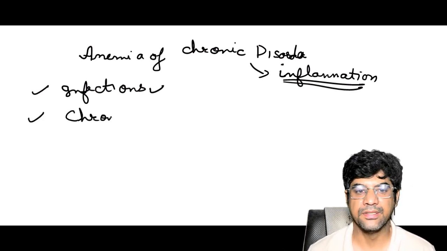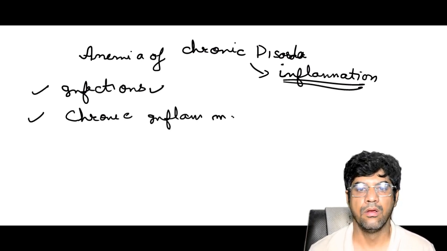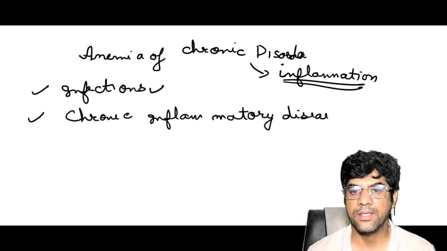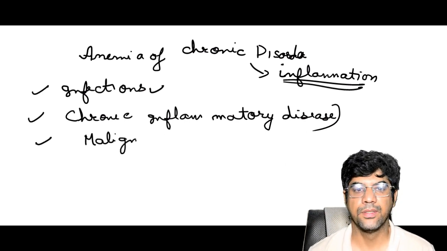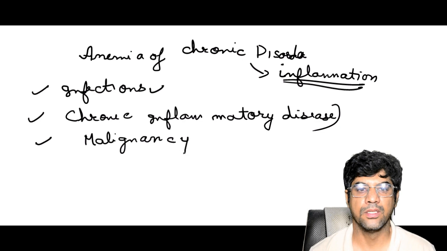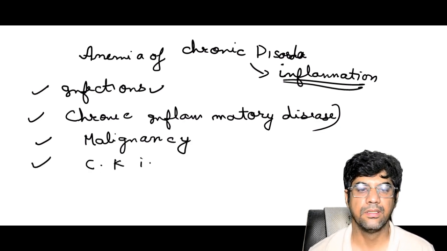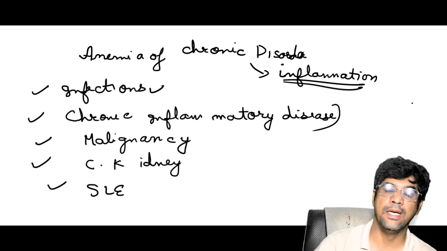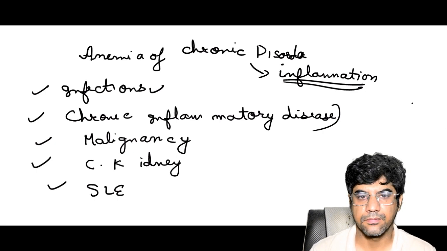Chronic inflammatory diseases, that could be rheumatoid arthritis, bowel disease, etc. Malignancies like lymphomas, carcinomas, chronic kidney disease, autoimmune disease like SLE. So these are all associated with anemia of chronic disorders.